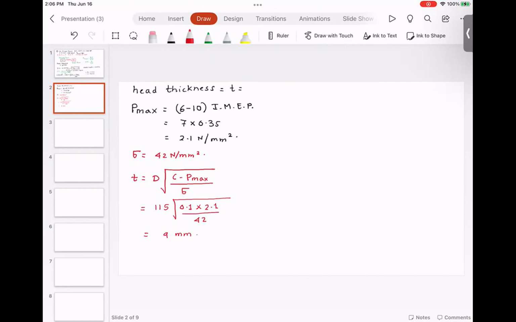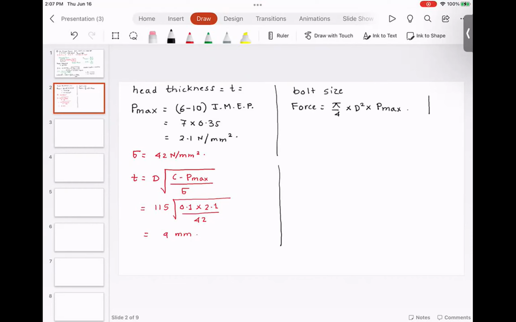Next part, and I will use this side, is we need to determine the bolt size. So force is equal to pi by 4 d square times P max. This is the maximum force that is going to be on the cylinder head.